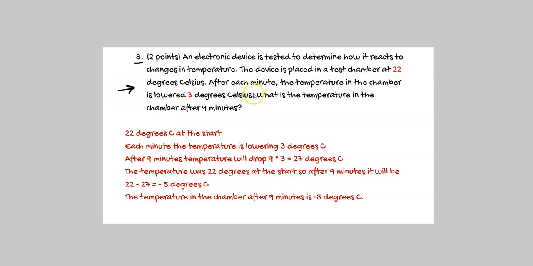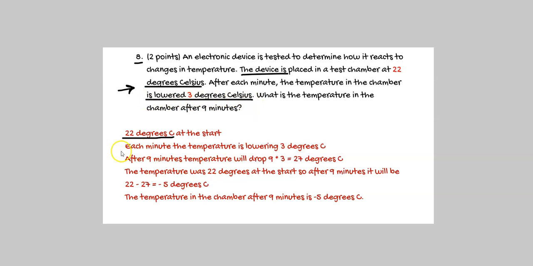All right, so first we're going to write down everything that has been given in this word problem. The device is placed in the test chamber at 22 degrees Celsius. So we can write down that 22 degrees Celsius is the temperature at the beginning of this experiment, right? After each minute, the temperature in the chamber is lowered 3 degrees Celsius.